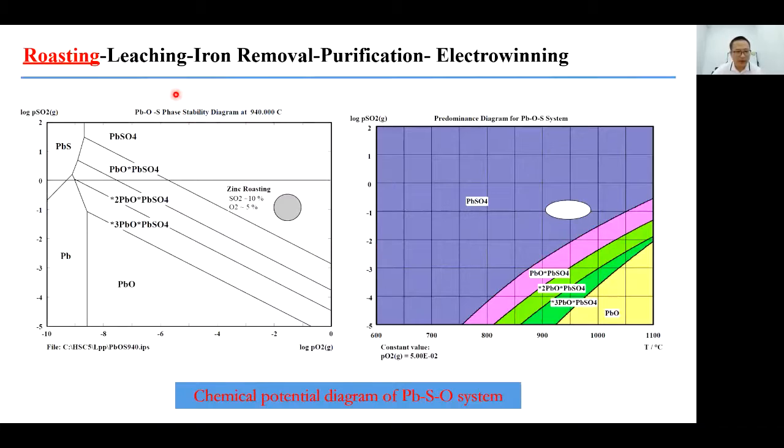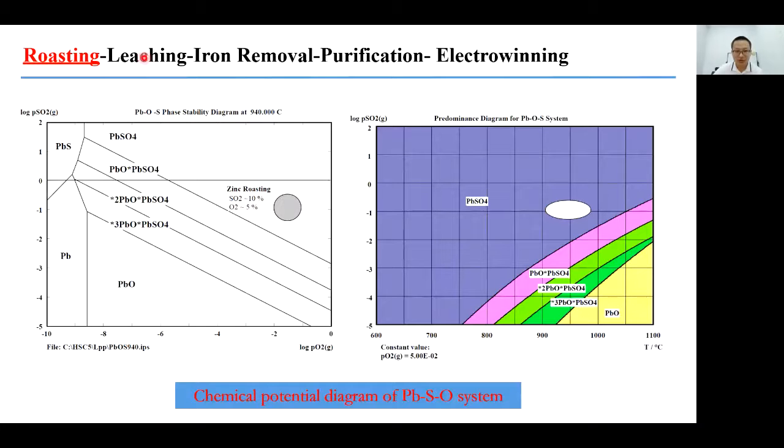The behavior of lead can be explained with these two figures. In the processing window of zinc roasting, the lead will stay in the form of lead sulfate. It starts from lead sulfide and ends up as lead sulfate.